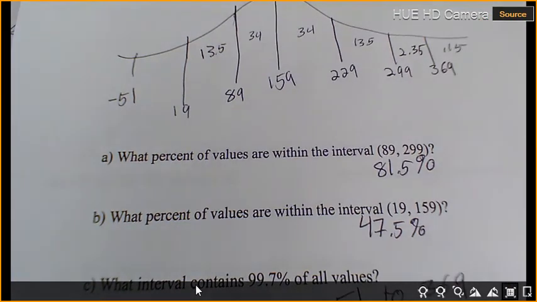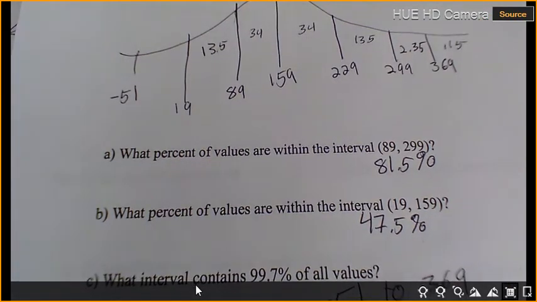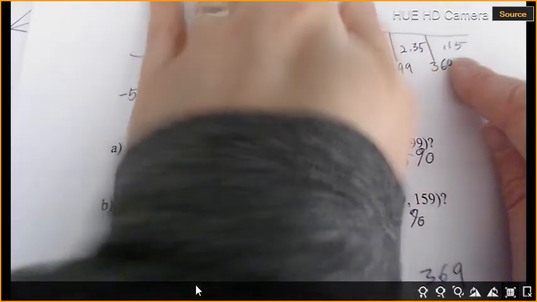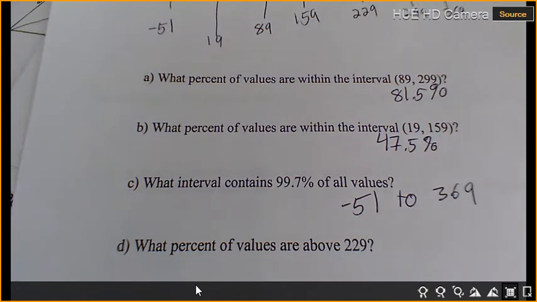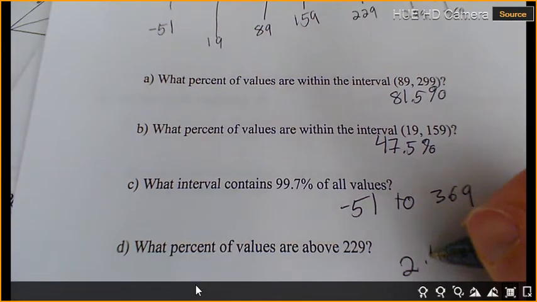I want to know what percentage of the values are above 229. So that's just those two, which is how much? 2.35 plus 0.15 gives me 2.5%.